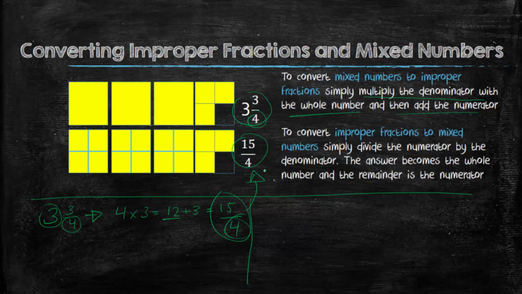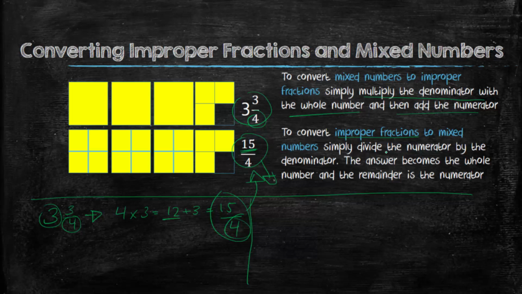Now, if I wanted to convert this to a mixed number, we could do it. To convert improper fractions to mixed numbers, simply divide the numerator, which is the top number, 15, by the denominator. The answer becomes the whole number, and the remainder is the numerator. So let's see how that works.